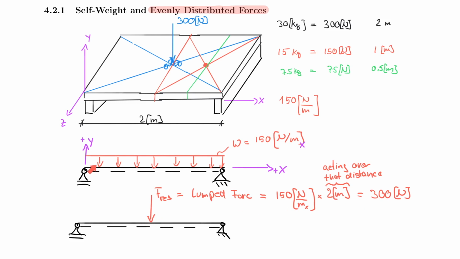And notice that this here is effectively a rectangle, right? And how do you calculate the lumped force of a rectangle? You take the base, 2 meters, times the height, which is 150. And then you place the lumped force in the centroid location of this rectangle.